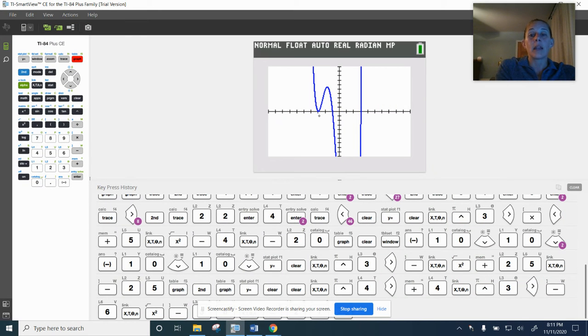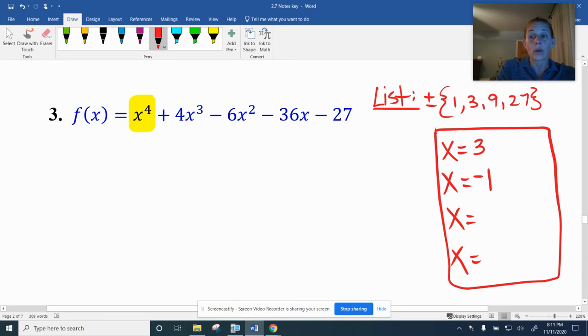There we go. And then I notice at this spot here at the negative 3, the graph is tangent to that x-axis. So it's coming down and touching that x-axis and then going back in the other direction. So this negative 3 is still considered a 0. However, this is one of those repeated roots. So it's going to count twice.